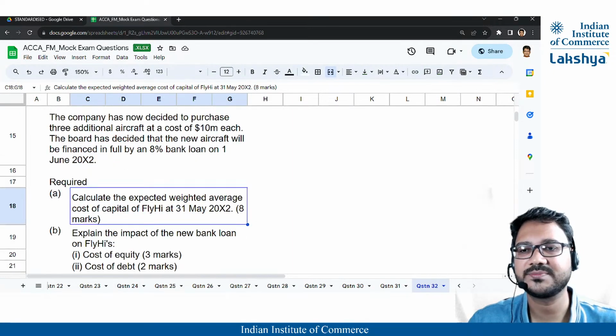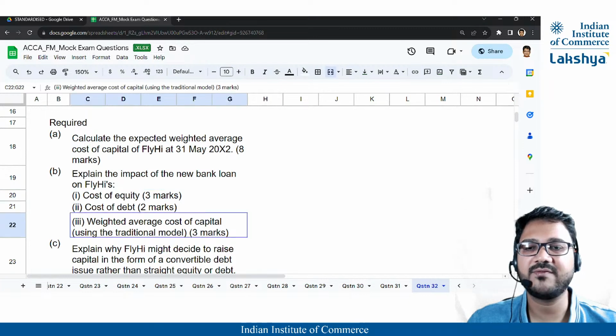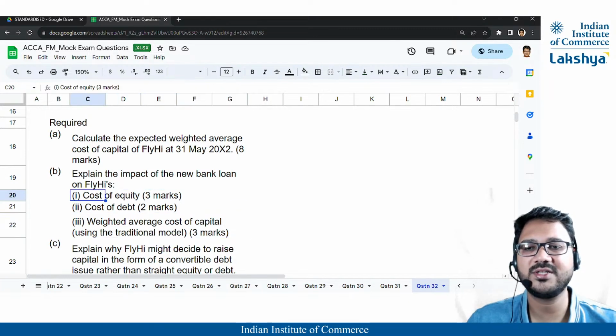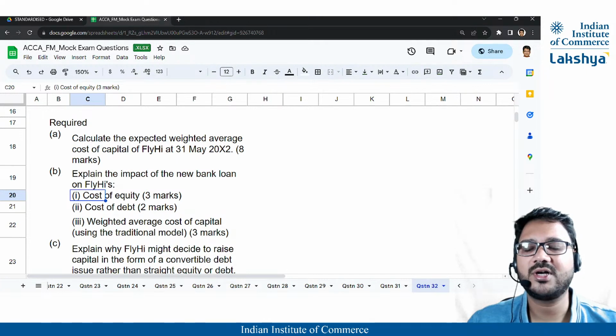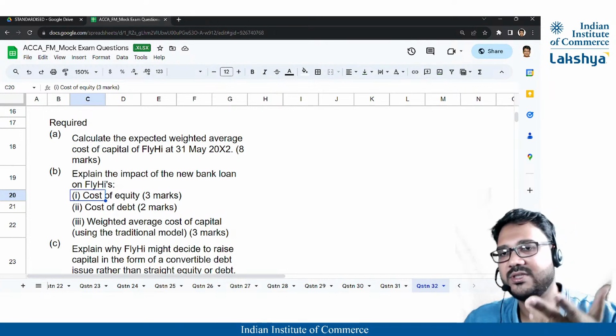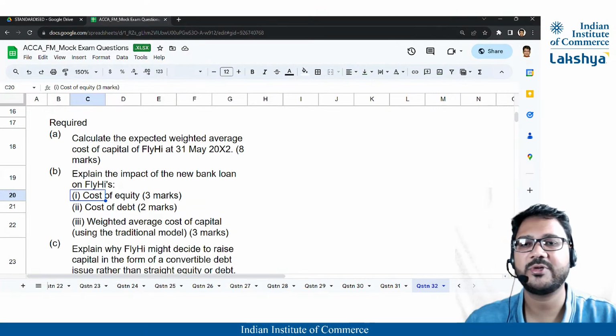Then, explain the impact of the new bank loan on cost of equity, cost of debt and WACC. This is like a theory question, I'm assuming, as I haven't read the whole question yet.